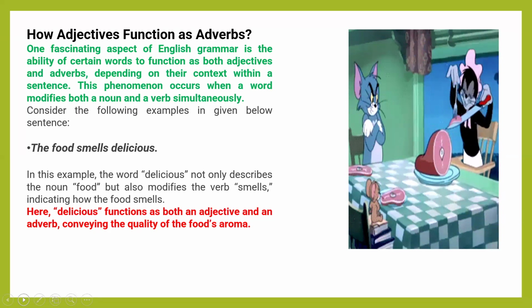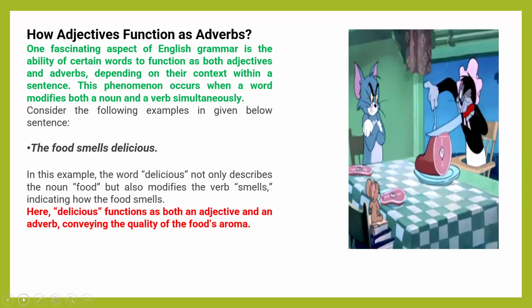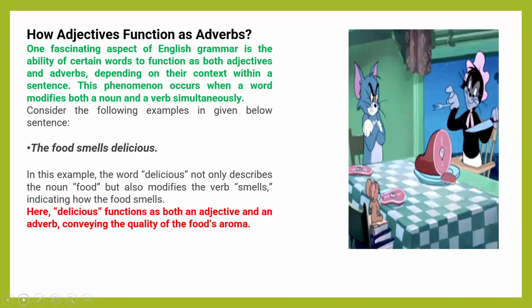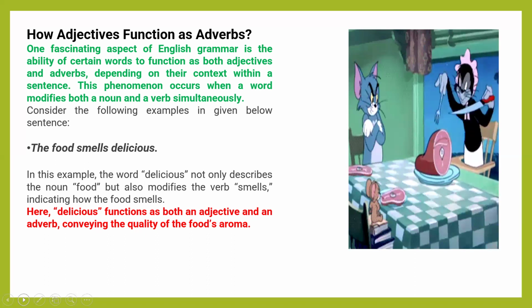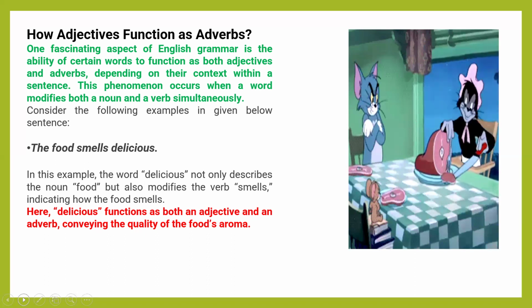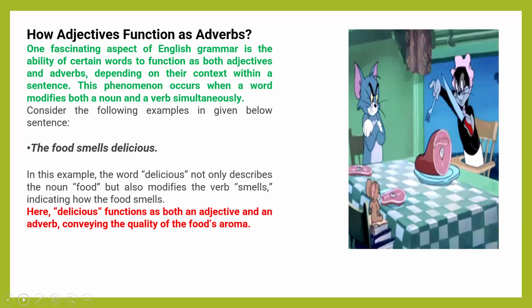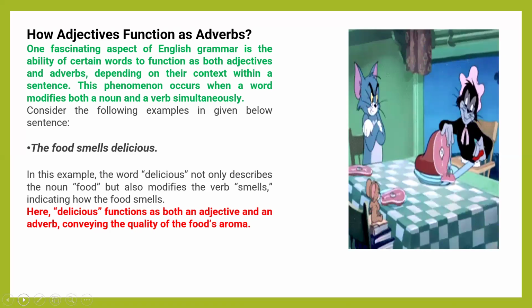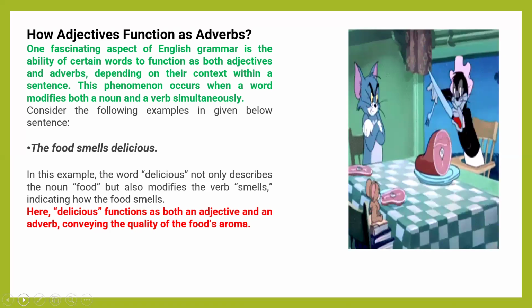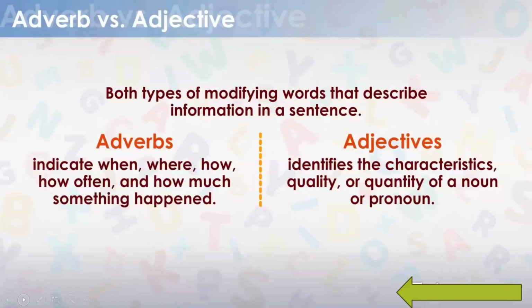So here delicious functions as both an adjective and an adverb, giving information about the quality of the food's aroma, the food's smell. So delicious is modifying the verb smells and also the noun food.